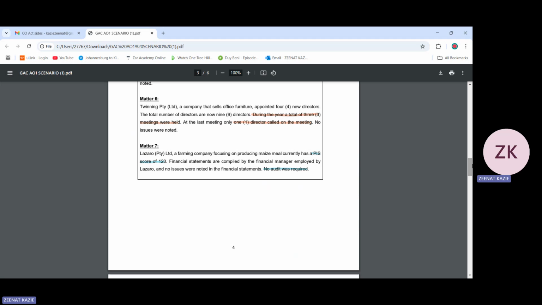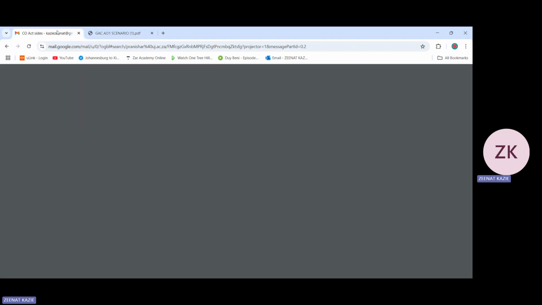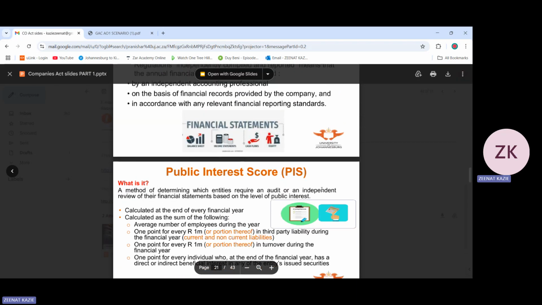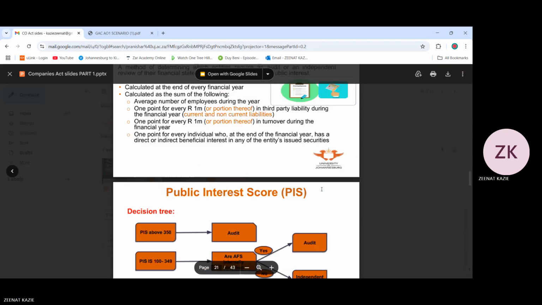In this case, the company has a public interest score of 120. We know that that's less than 350, but it also states that the financial statements are internally compiled, and then they say no audit was required. If you go to your notes, or to your slide, sorry, you will know that for the public interest score, let's go up, I think it's in this one. Yes.